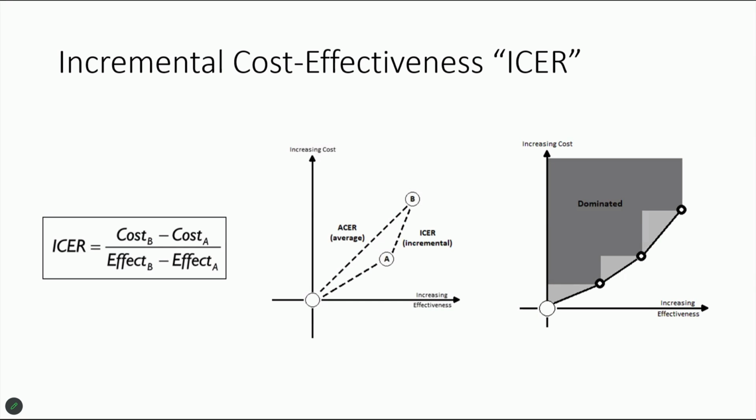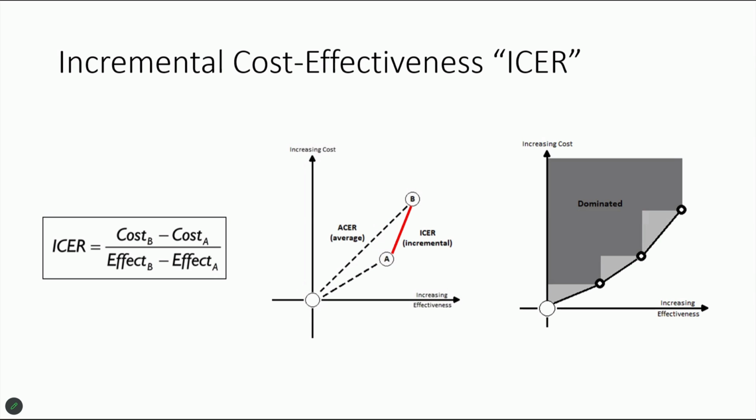A couple notes on interpreting ICERs. The figure on the left highlights how we must be careful of the comparator. We're looking for incremental differences, and we should be comparing to the next best option, not to the baseline or nothing, which is referred to as the average cost effectiveness ratio.